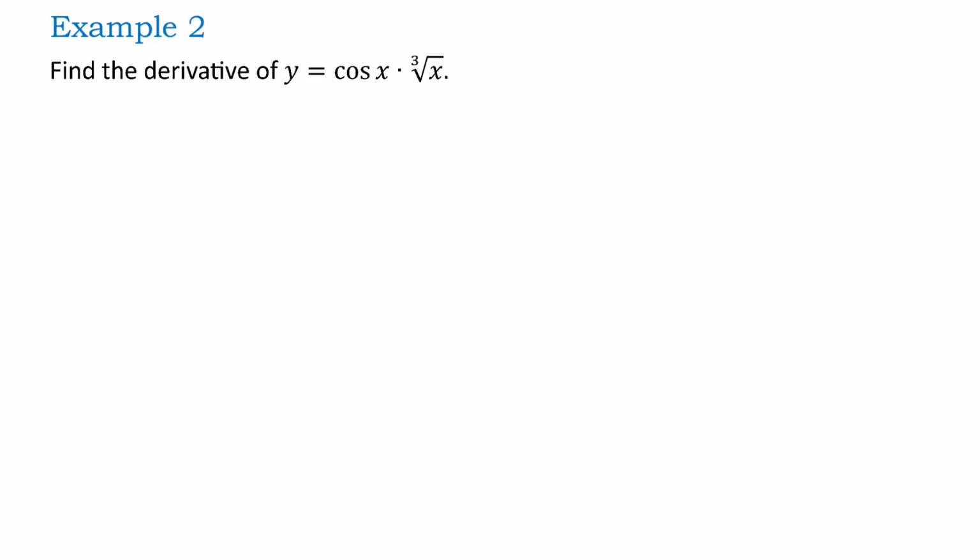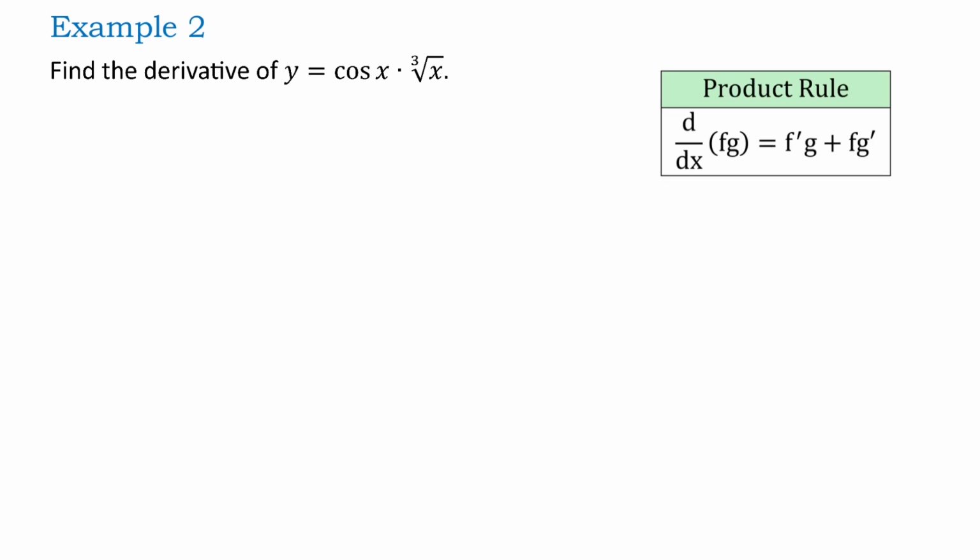In the second example, we will find the derivative of y equals cosine of x times cube root of x. Here we have another product, so again we will use the product rule. Also, notice that this function has a radical, and before starting the derivative, it would be easier if we write it in exponential form.